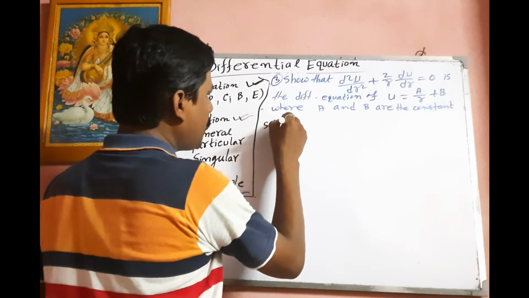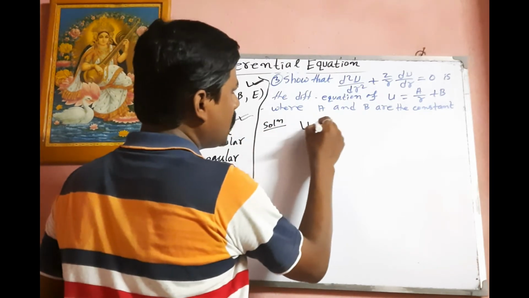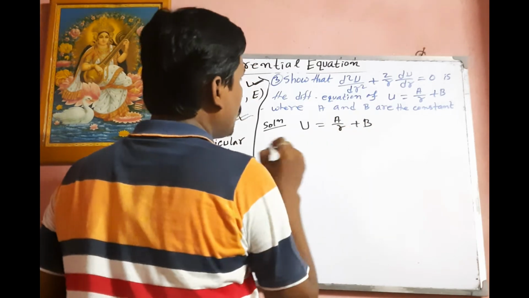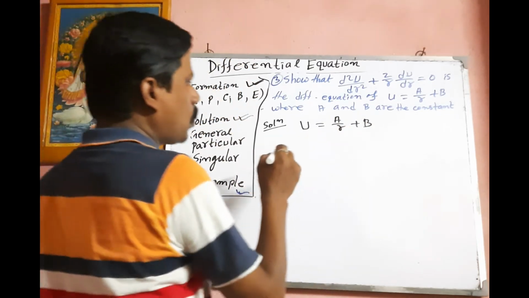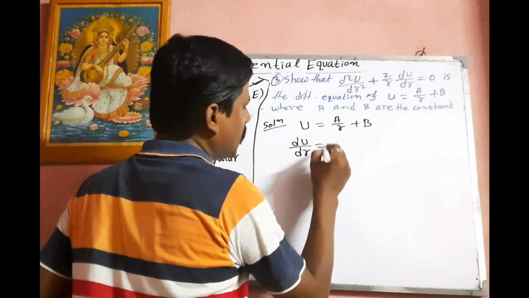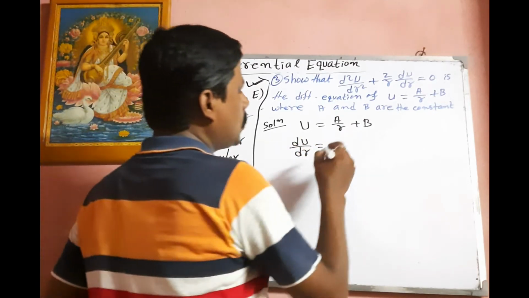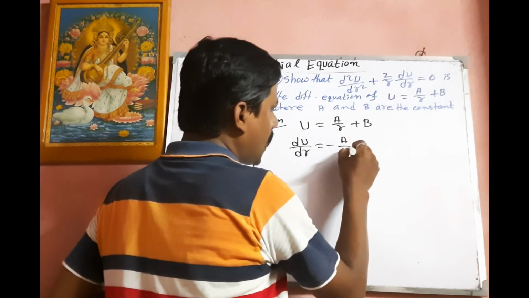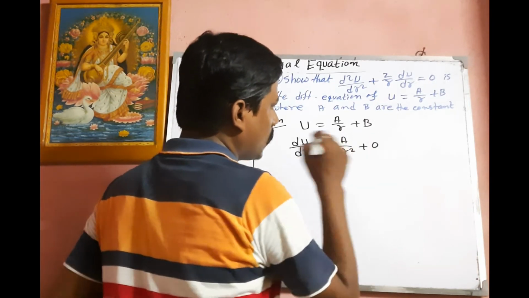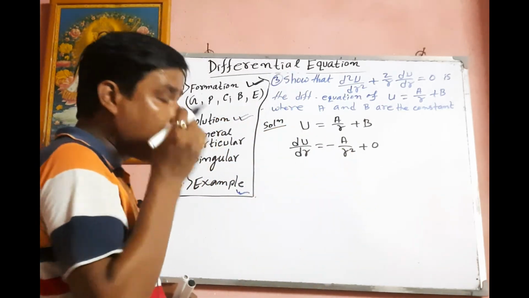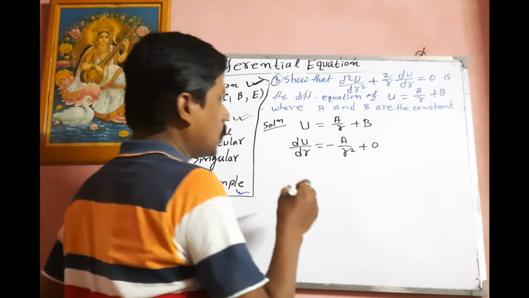Now in the solution part, u is equal to a/r plus b. Differentiating with respect to r, we get du/dr is equal to minus a/r², and the derivative of the constant part b will be 0.